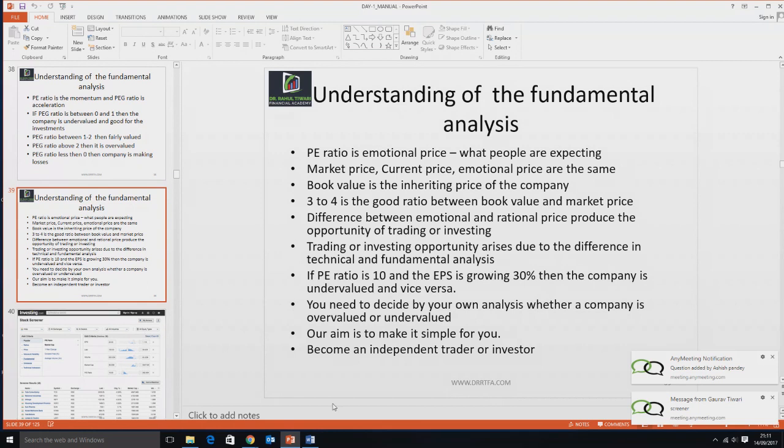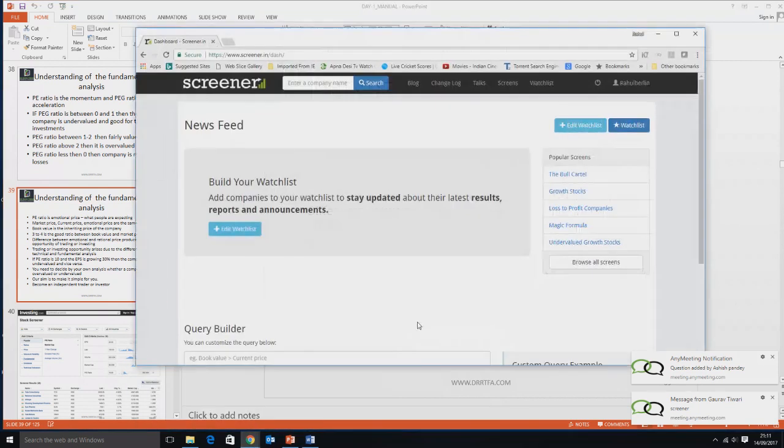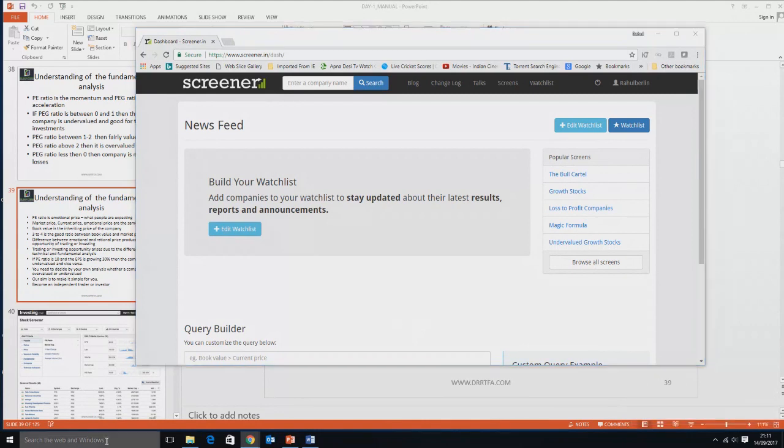Yes, excellent. Okay, so let's go back to our site where we're going to do our analysis. So this is Screener, but before going to Screener, let's define what we need to look at in Screener, right?